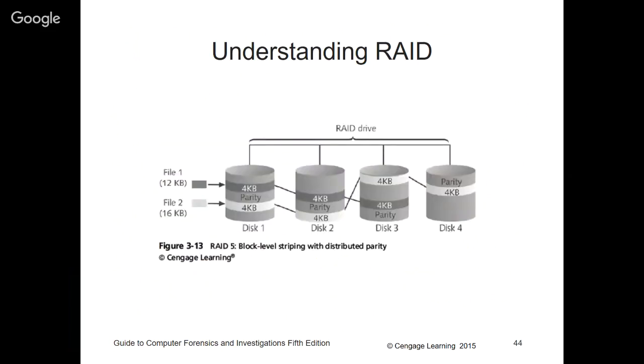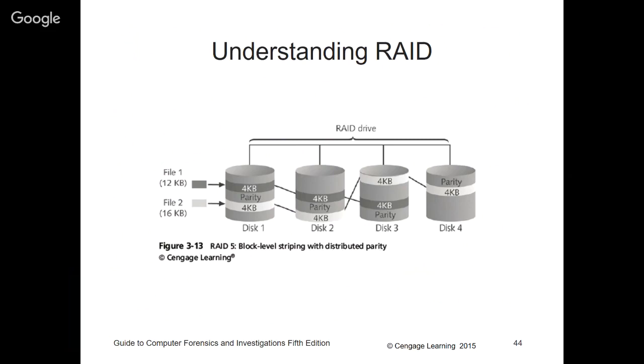We are in RAID 5, where disk 1, 2, 3, and 4 all have parity bits, okay? And what's really cool about this one on RAID 5 is we have the distributed parity.